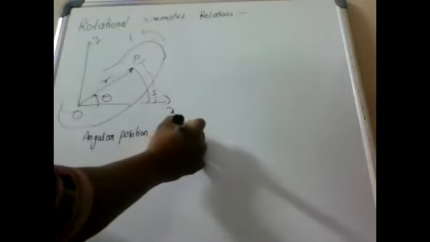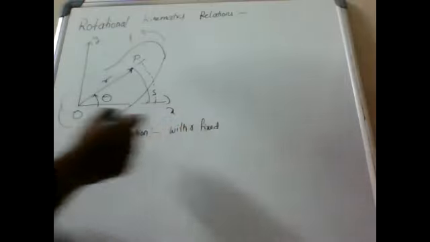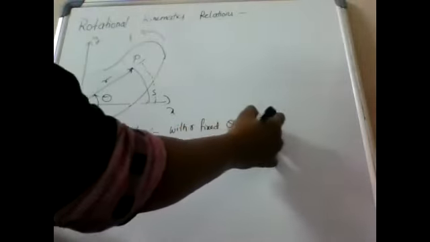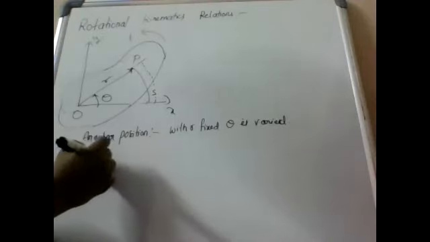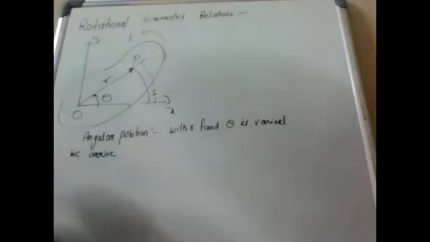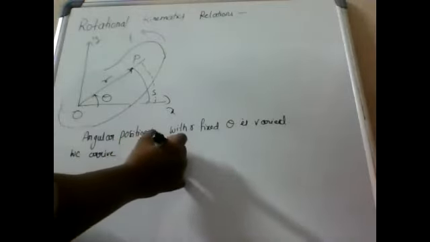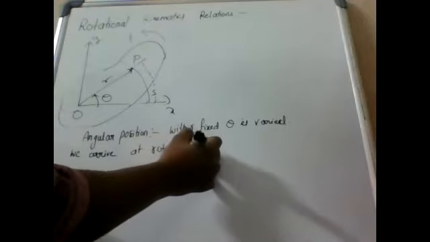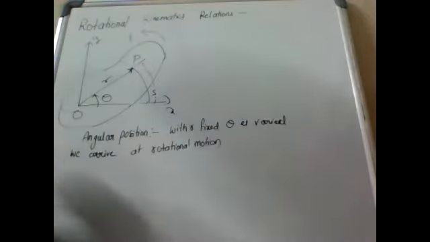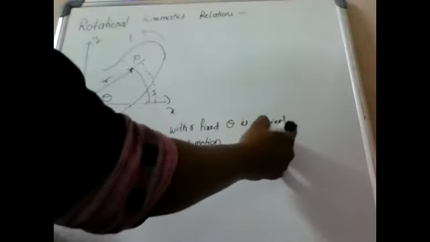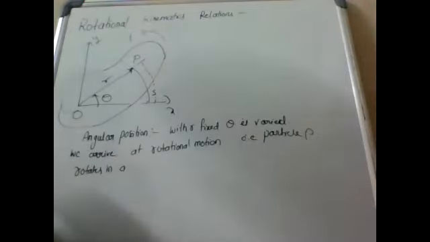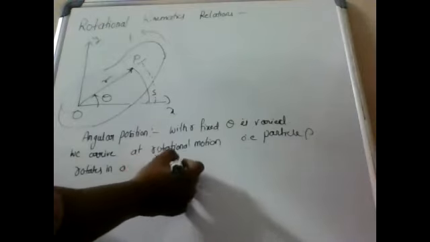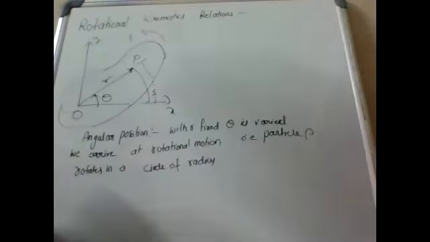With small r fixed, if theta is varied, we arrive at rotational motion, that is, particle P rotates in a circle of radius r.